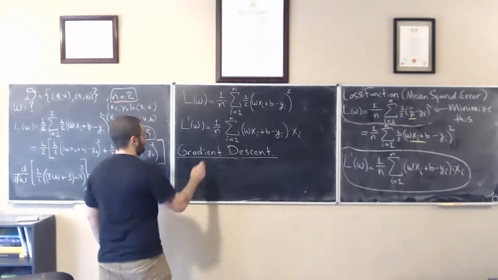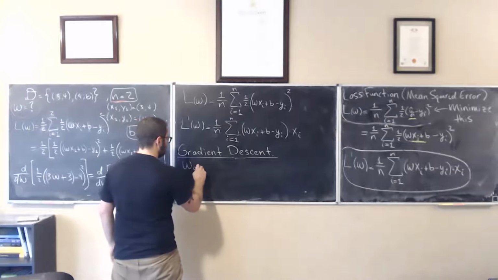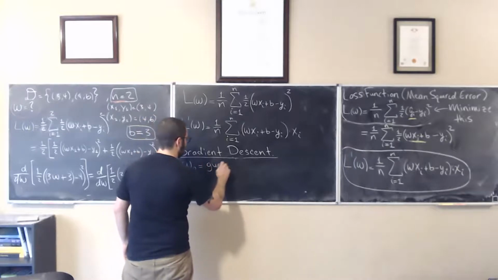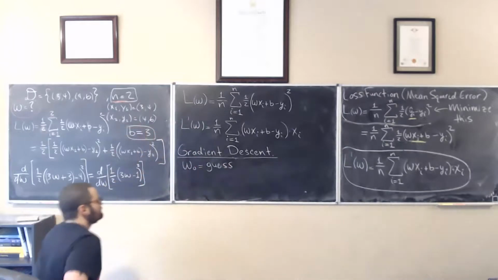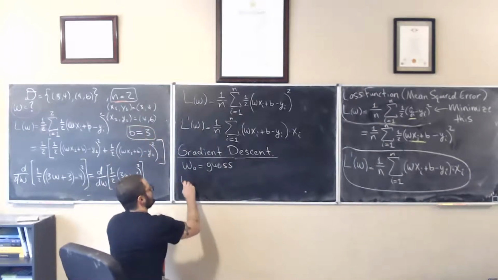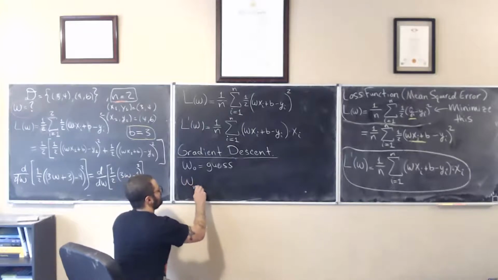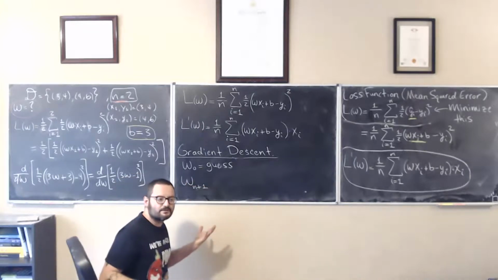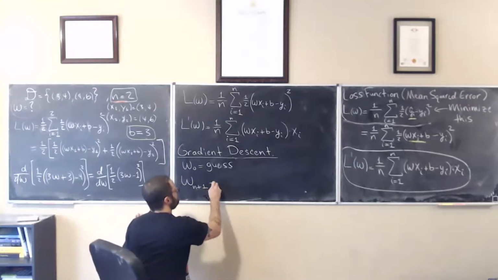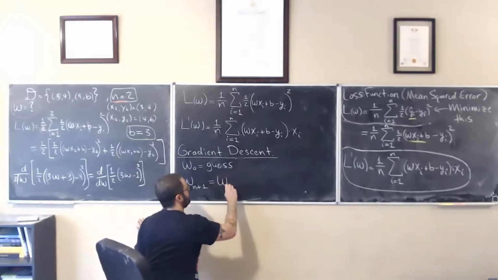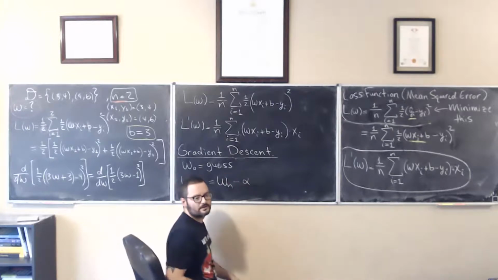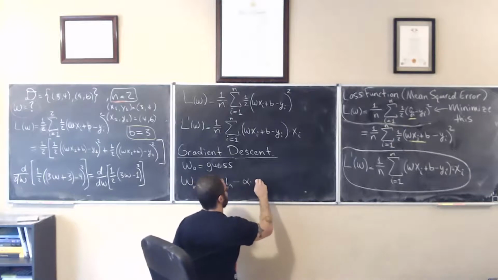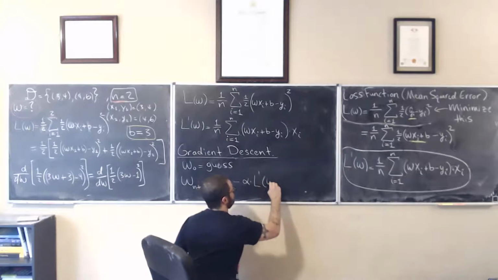So gradient descent says that we're going to take w initially to be some guess. That's our variable, right? And then w n plus 1, our new guess for the slope, is going to be our old guess for the slope minus some step length times the derivative of the loss function evaluated at our old guess.